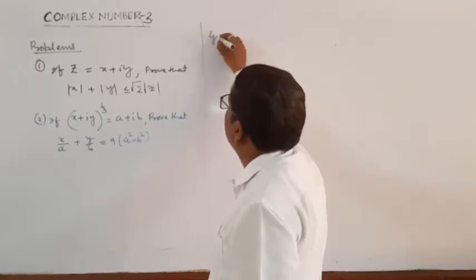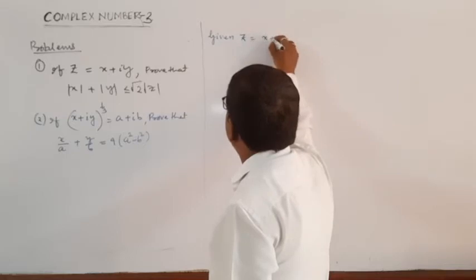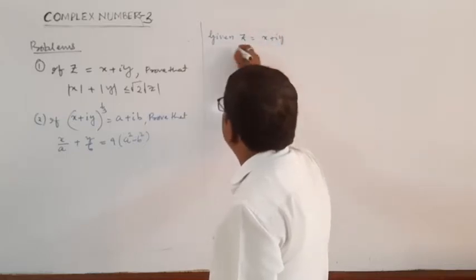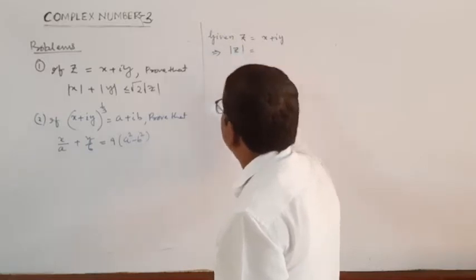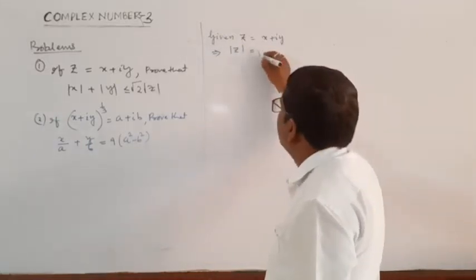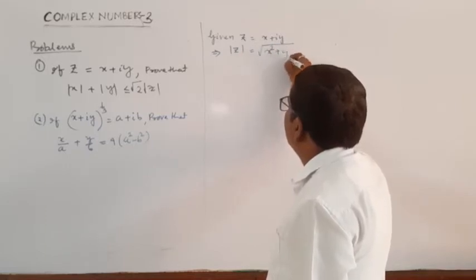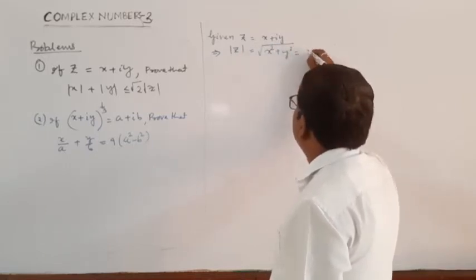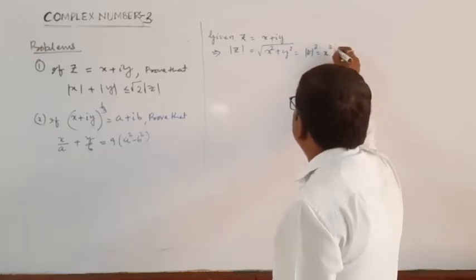Given z is equal to x plus i into y. So that implies mod z is equal to square root of x square plus y square, that is mod z square is equal to x square plus y square.